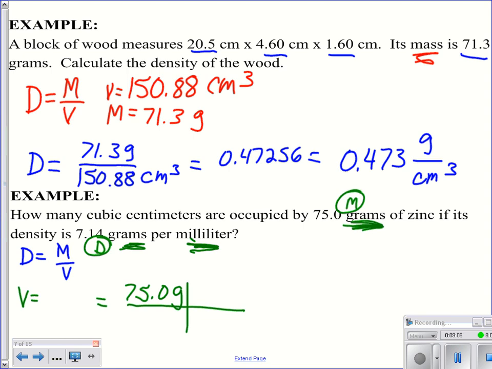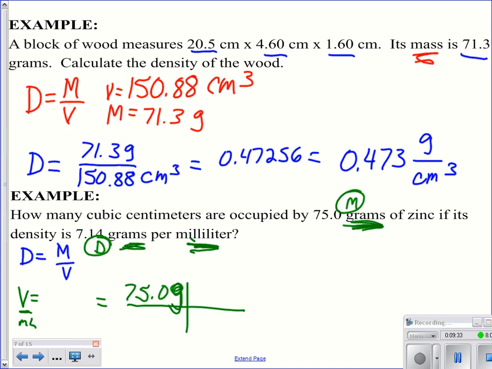Now, pretend you have that brain cramp and you just can't figure out what the formula is for density. You don't know any of this stuff, and I'm hiding this with my hand right now, but you don't know any of this stuff over here. That's okay because dimensional analysis is going to get you through it. You want to make sure you get your answer as volume. In other words, we're going to try and get our answer, let's say milliliters is what we're trying to go for, right?